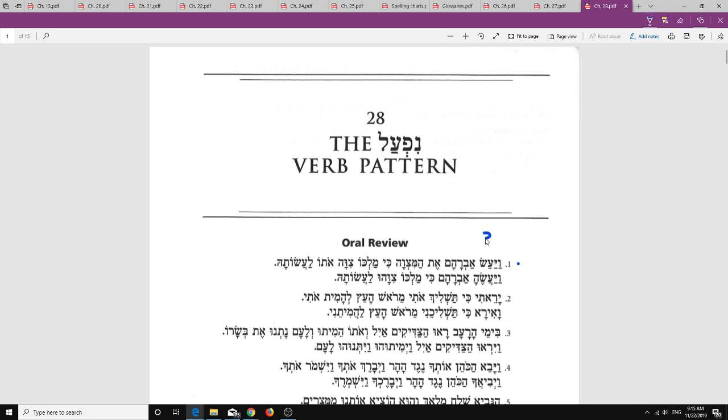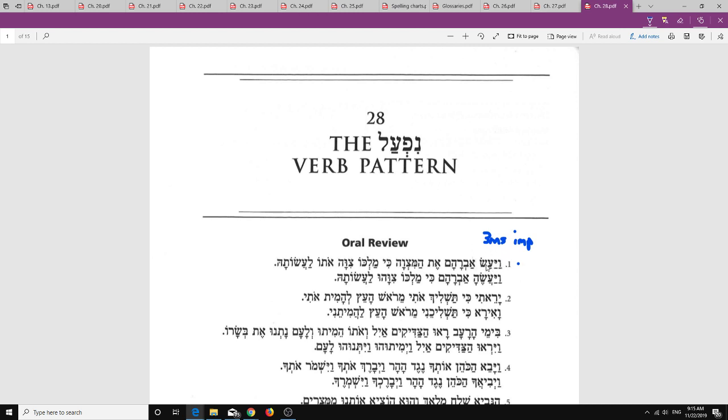Here we have a 3ms imperfect. And we only have 2 letters left, but because it's this form and a vav conversive, we might assume this missing letter could be a hey, right? And this could be a clipped form.